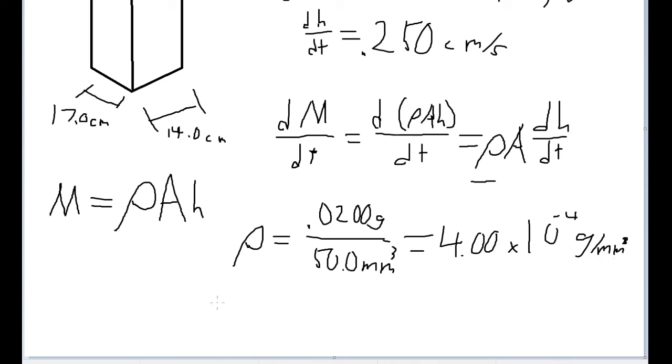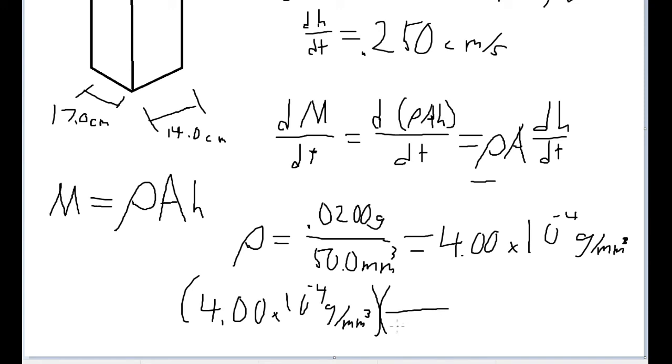So let's take our 4.00 times 10 to the negative 4th grams per cubic millimeter. And let's do a chain link conversion on this to convert into kilograms and cubic centimeters. So first things first, there are 1,000 grams in a kilogram.